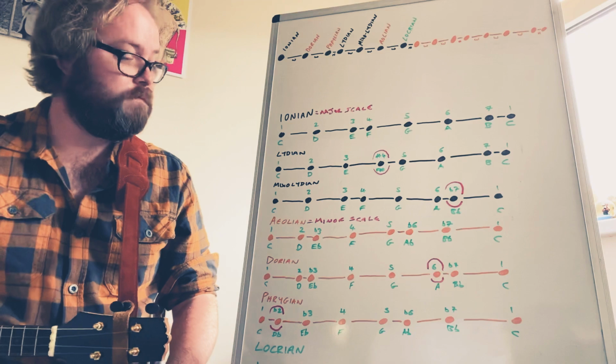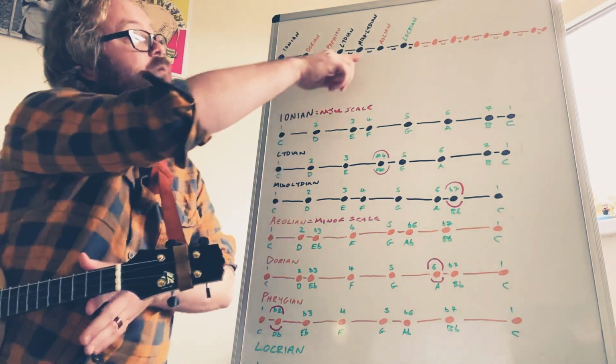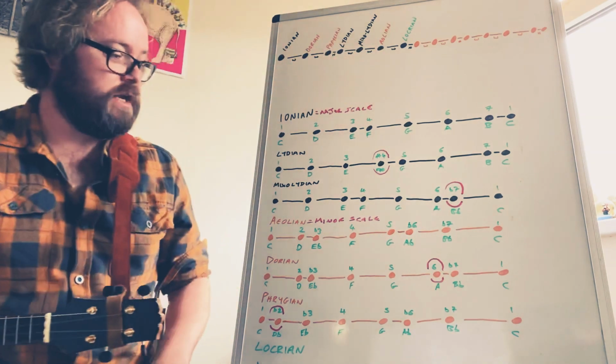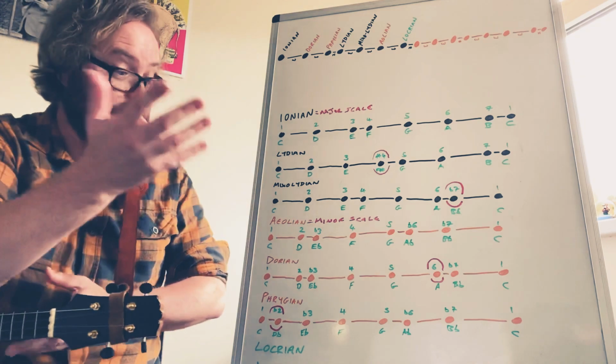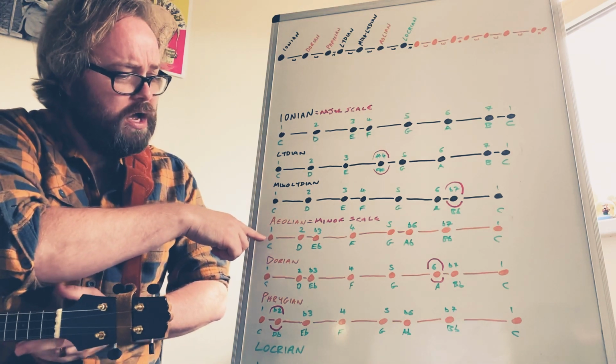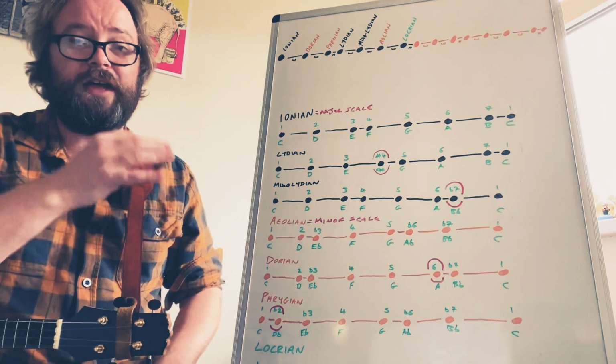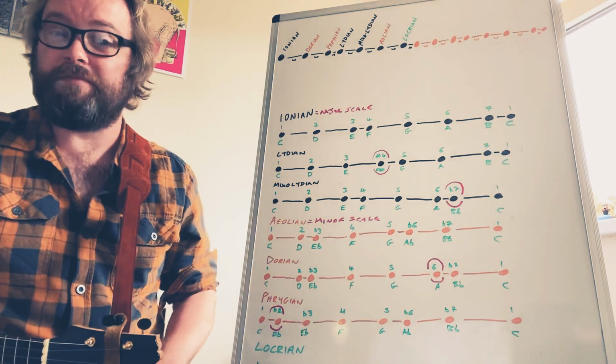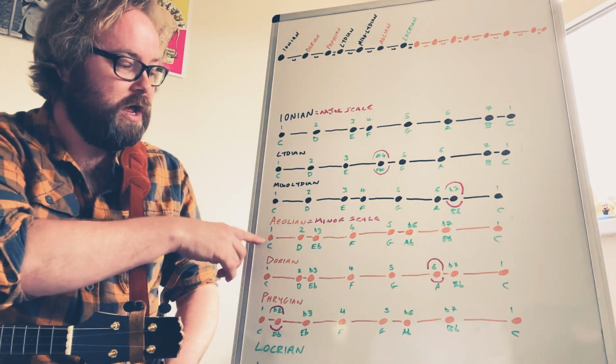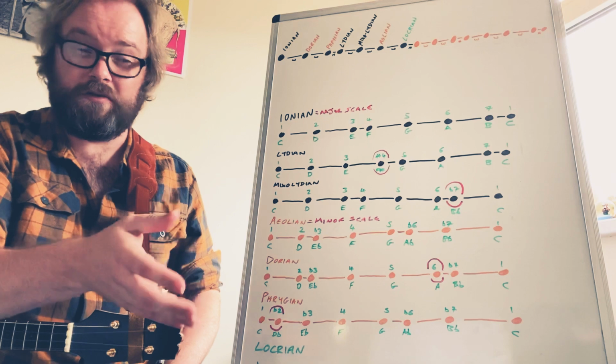It's that simple. The Aeolian scale, which starts on the 6th degree of the C major scale, or any major scale, is your natural minor scale. That's the one, if you're playing in a minor key, that is most often used by composers. And you probably know this already, this one.